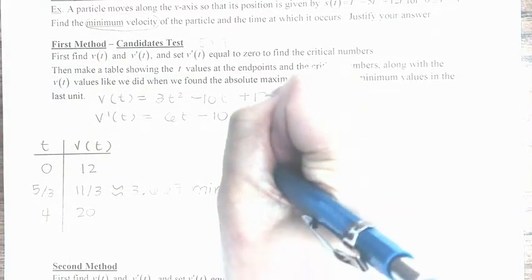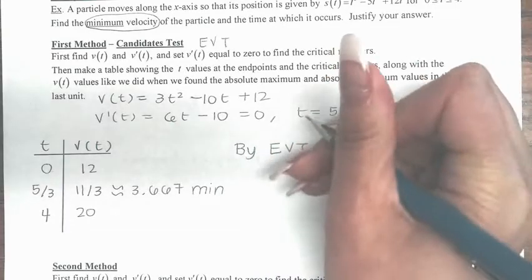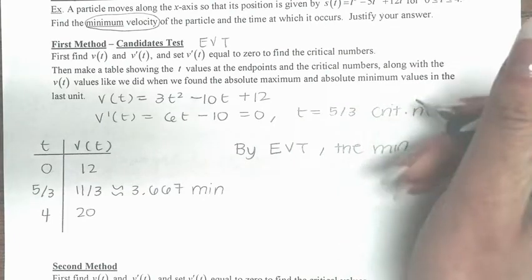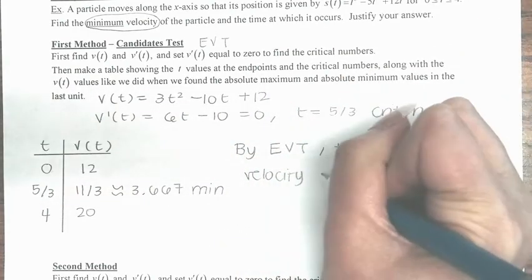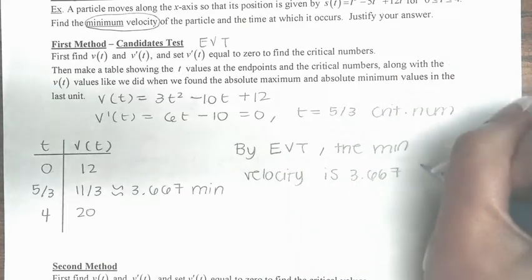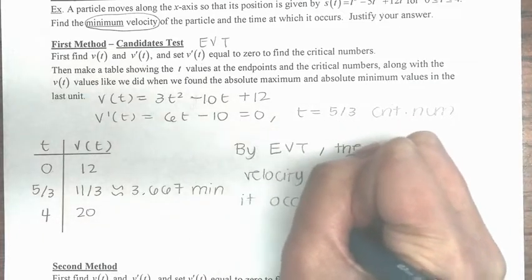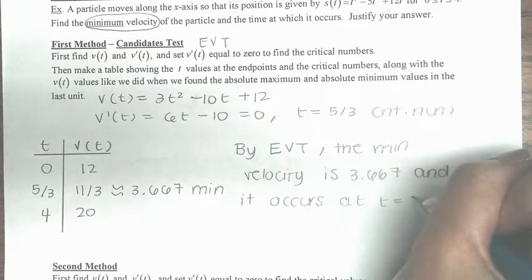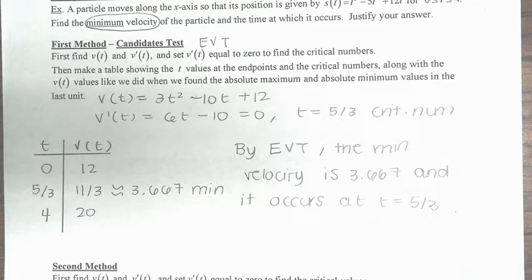By the extreme value theorem, or by candidates test, whatever you prefer, the minimum velocity is 3.667, and it occurs at t equals 5 over 3. That's pretty much what we have for this problem.